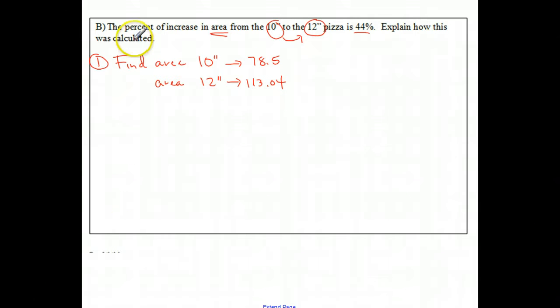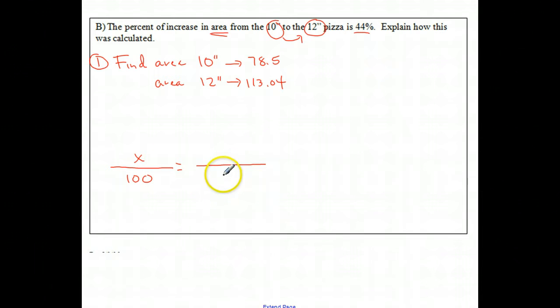We talked about how to find percent of increase using a proportion. So I know I am going to set up a proportion. Since I need to find the percent, I'm going to put x, or my variable, over 100 because that's what I don't know. I know the percent always goes over 100.